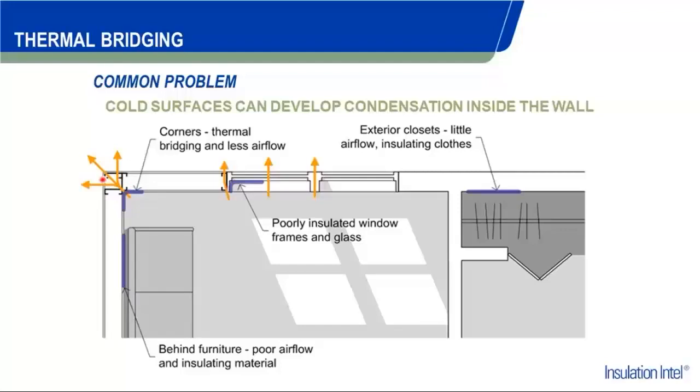Not only in corners and windows, but also behind furnishings and closets where you don't get a lot of air circulation, you can begin to create these cooler spots, which would then create condensation in wall systems. We all know that over time this could be detrimental, and it could begin to affect us with mold and mildew growth.